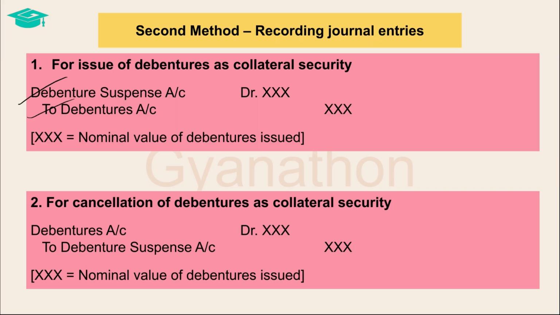When the loan is repaid, the debentures have to be cancelled. They are cancelled by reversing the entry passed at the time of issue. This is done by debiting the debentures account and crediting the debentures suspense account with the nominal value of the debentures. These two entries nullify each other and the net effect of these two entries is nil.